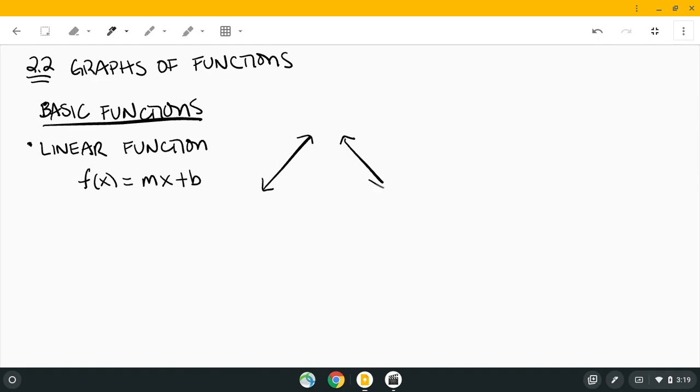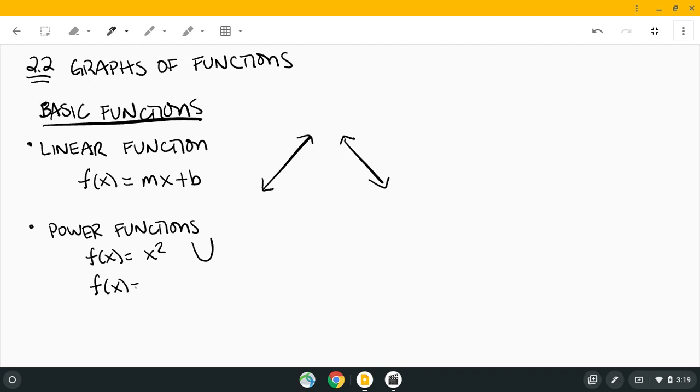Maybe it goes up from left to right, or maybe it goes downward left to right. Okay, and then we have our power functions. So those are like f of x equals x squared, which we know is the parabola.